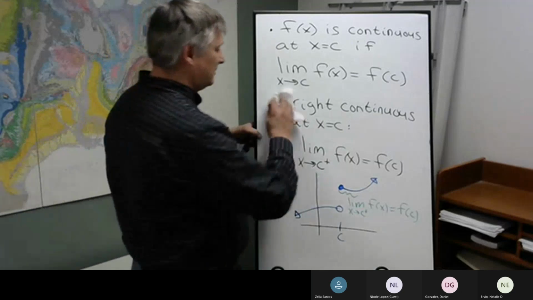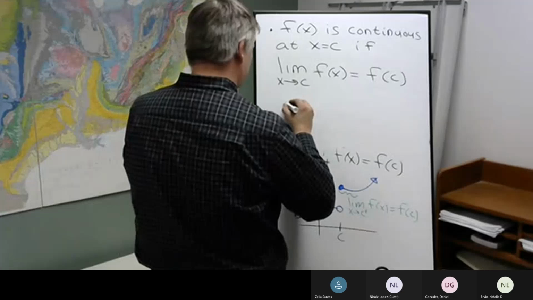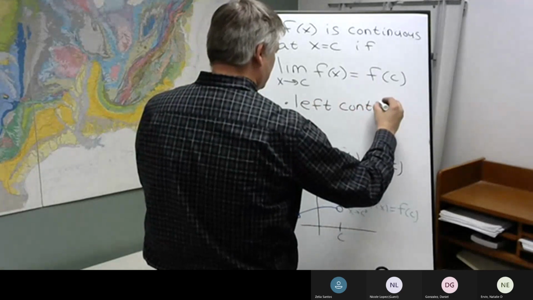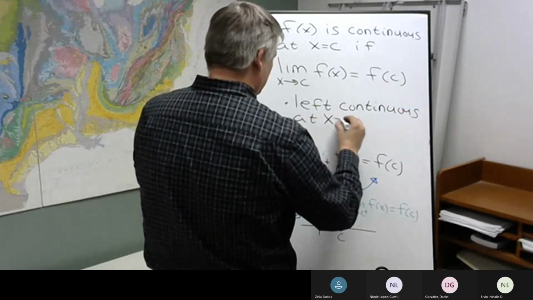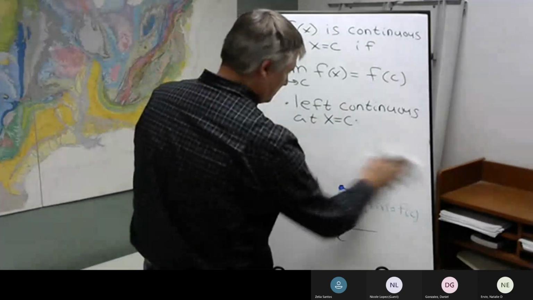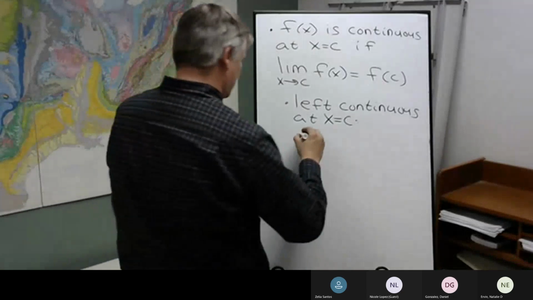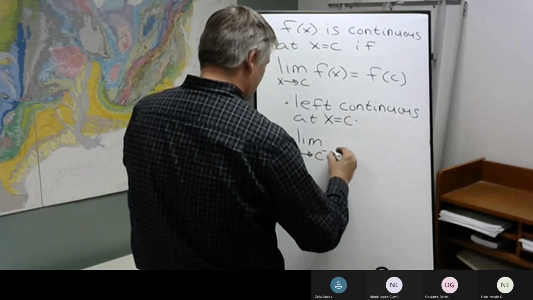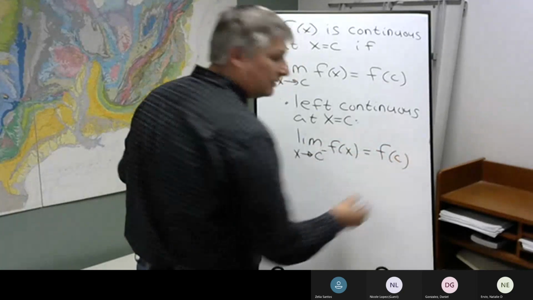Now for left continuous, the left-sided limit for f of x is equal to f of c.